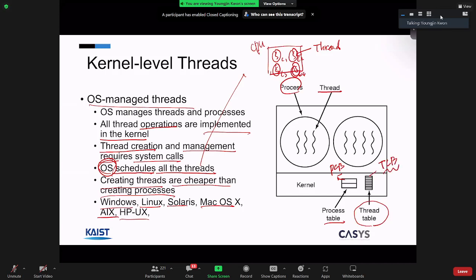So the kernel can traverse this thread table to perform scheduling operations. Each thread's information is stored in its thread control block.